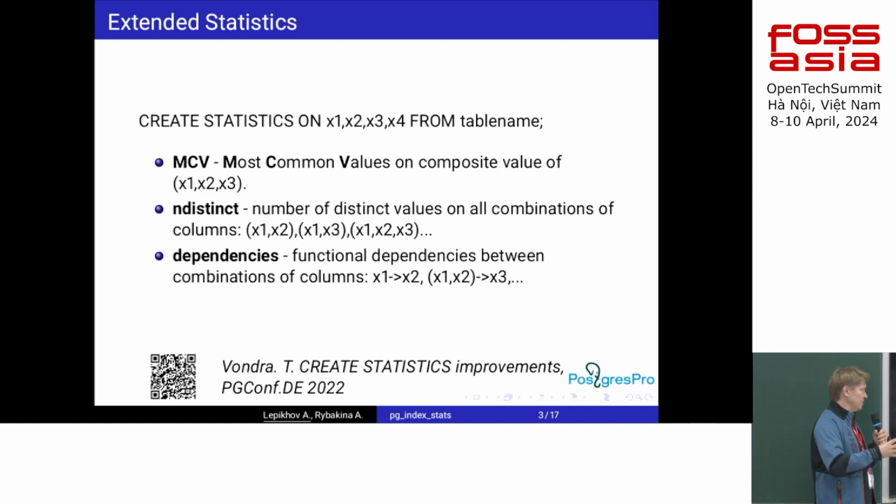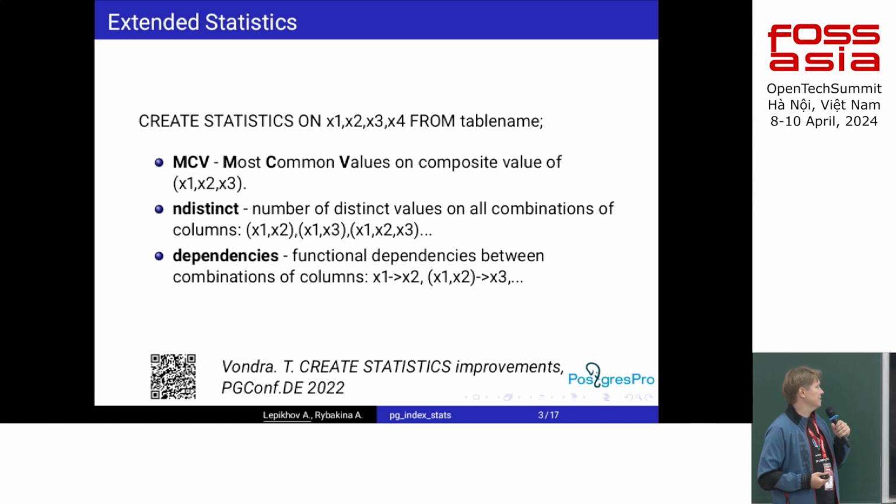And after that, this model will try to find dependencies between columns of the data. Unfortunately, we can create statistics only on one table, and it's the reason why it doesn't help with joins and more complex structures, just with single scans.